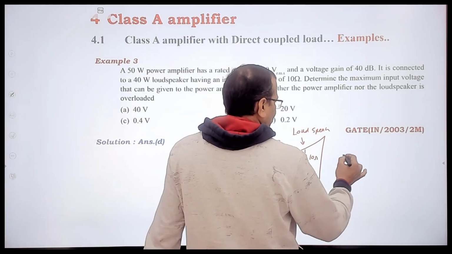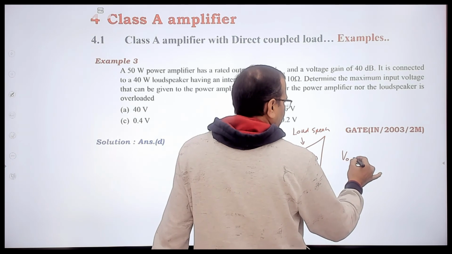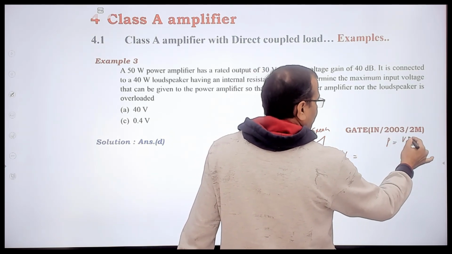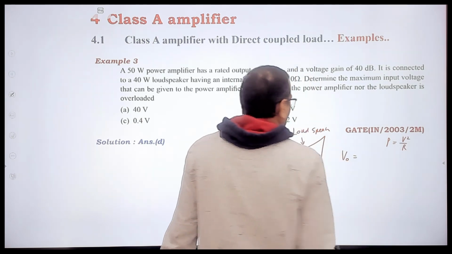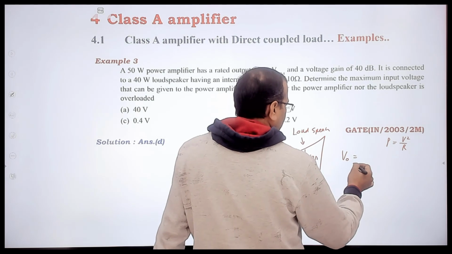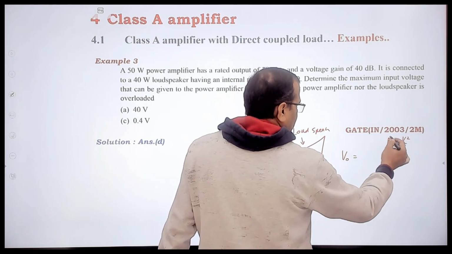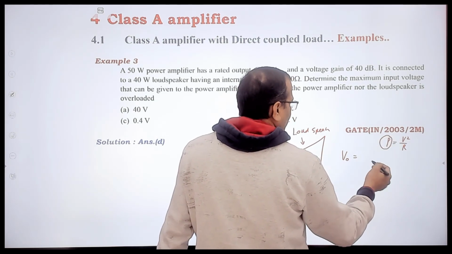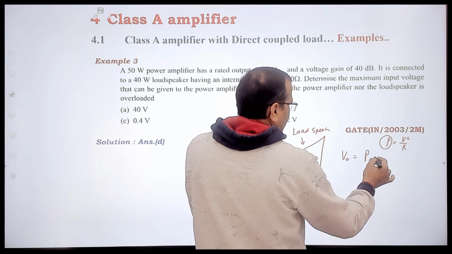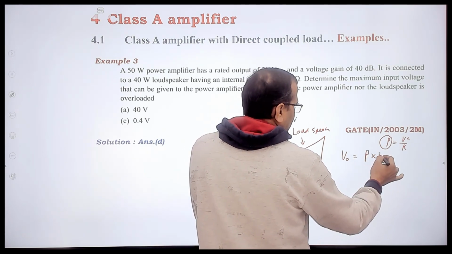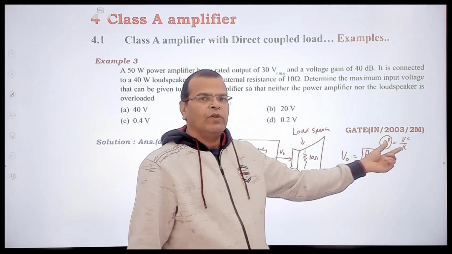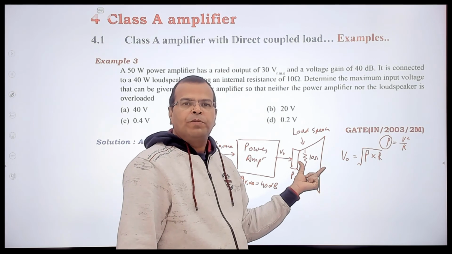So the input voltage of the loudspeaker will be equal to what? What is power? Power is nothing but V square upon R. So the power coming to the loudspeaker is this. So V naught here will be equal to the power of the loudspeaker multiplied by the resistance, under root. Why? Because I can find this voltage. So the power given to the loudspeaker is what?